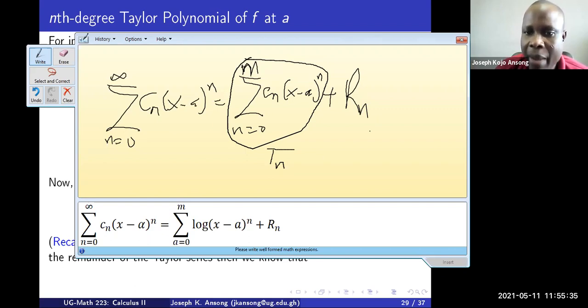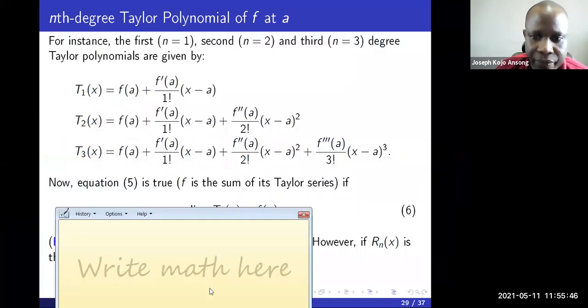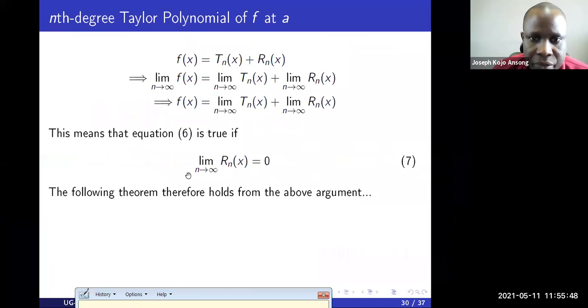If that happens, this means that I need this remainder to go to 0. Then this series will actually be converging to f as n goes to infinity. So I'm going to show that here. So the series which is going to infinity is equal to the partial sum plus a remainder.